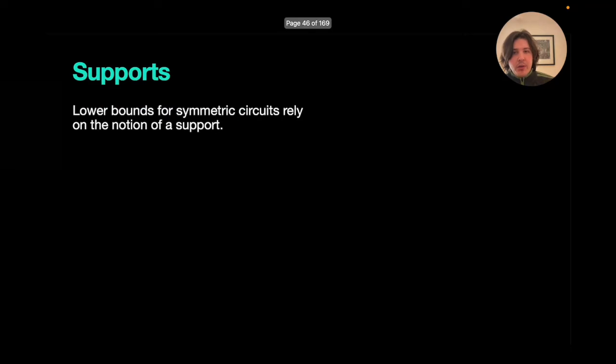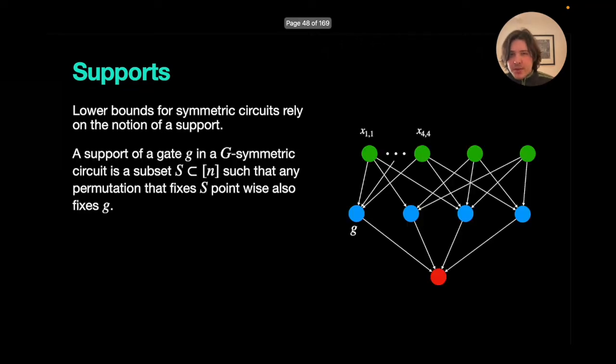So firstly, supports. Now, any lower bound for symmetric circuits, and indeed for symmetric linear programs and all sorts of other symmetric approaches in complexity theory, relies on some theory of supports.